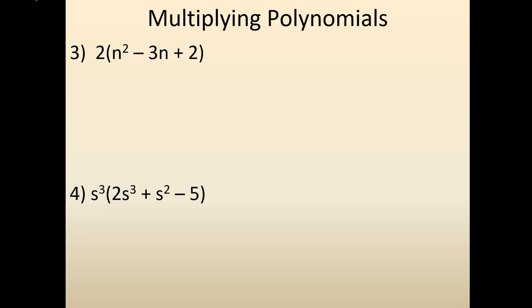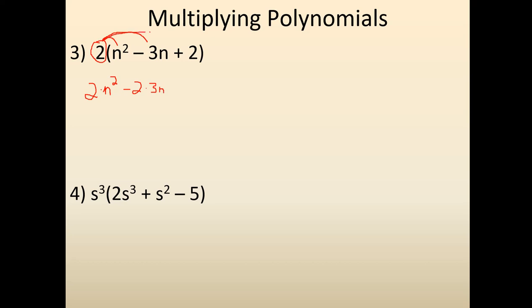All right, so again, we have a monomial, this time being multiplied by a trinomial. So again, 3 terms, but it's the same thing, just with one extra step. Take the 2, distribute to the first term, 2 times n squared. Distribute to the second term, minus 2 times 3n.